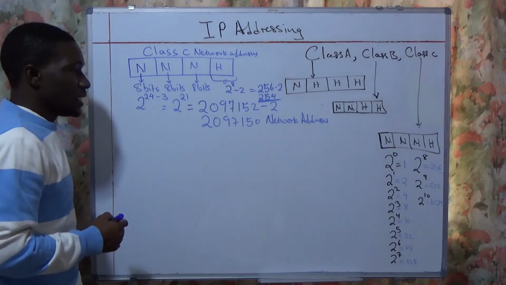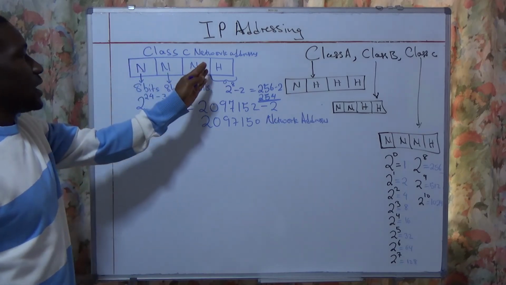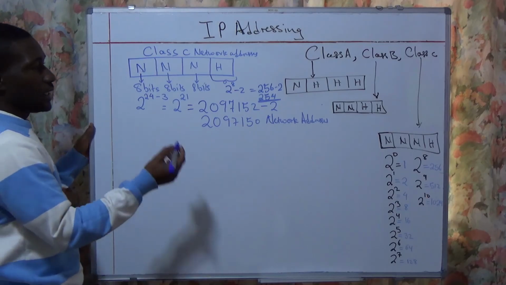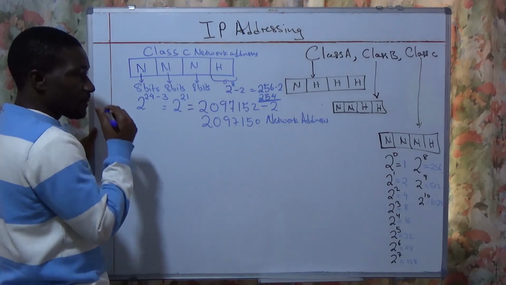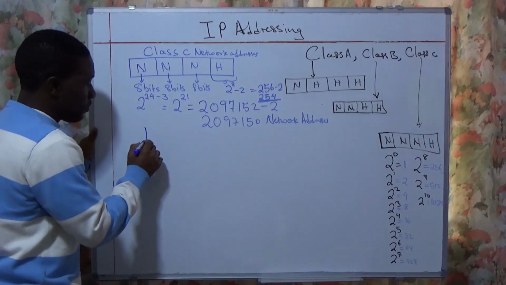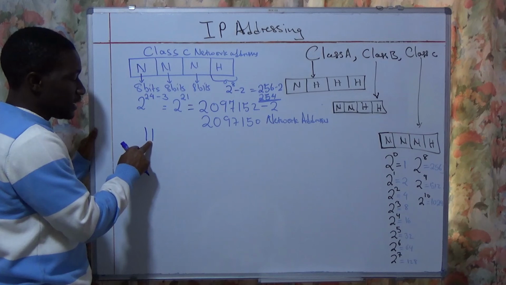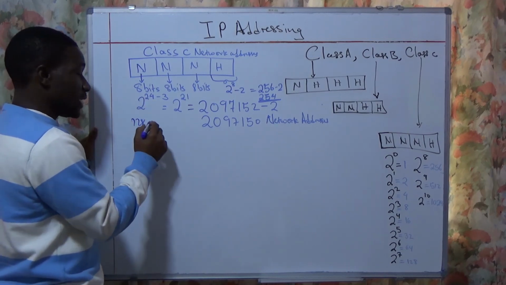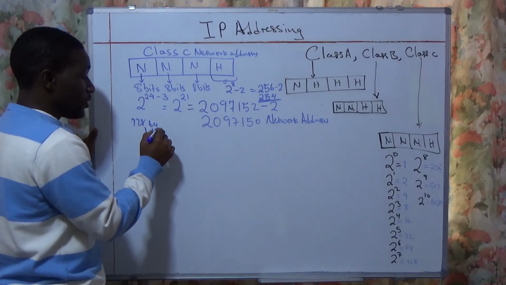Alright? Now, let us determine the number of network addresses we can have in class C. So, from the reservation, we have 1, 1. The first one was taken in class A, 128, and the second one is taken in class B, which is 64.